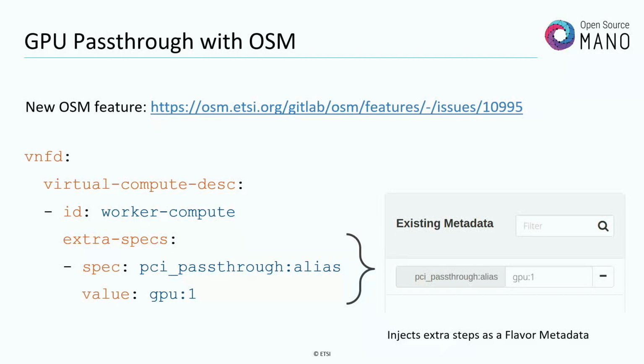Now we can insert on our VNFD some extra specs, which then will be mapped to the OpenStack metadata of some flavor. And with this, we can now pass through the PCI device of a GPU, and we were able to create virtual machines which have access to the edge server's GPU.